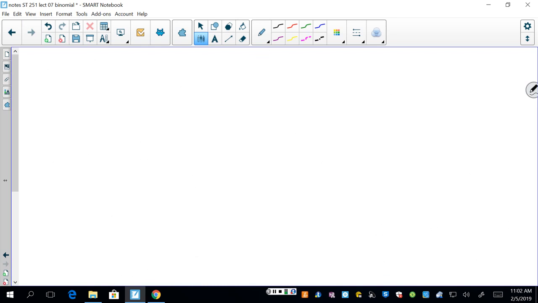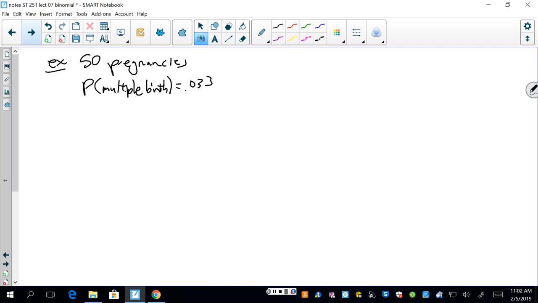Most of the problems will be more applied. So in the example with 50 pregnancies, the probability that one woman has a multiple birth was 0.033. How many multiples are expected?